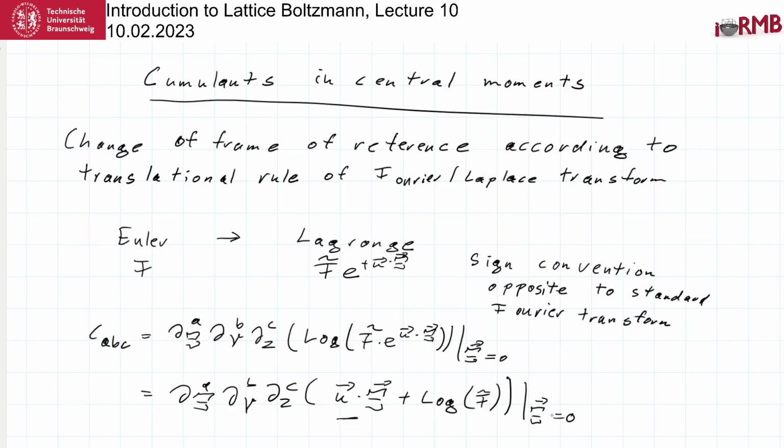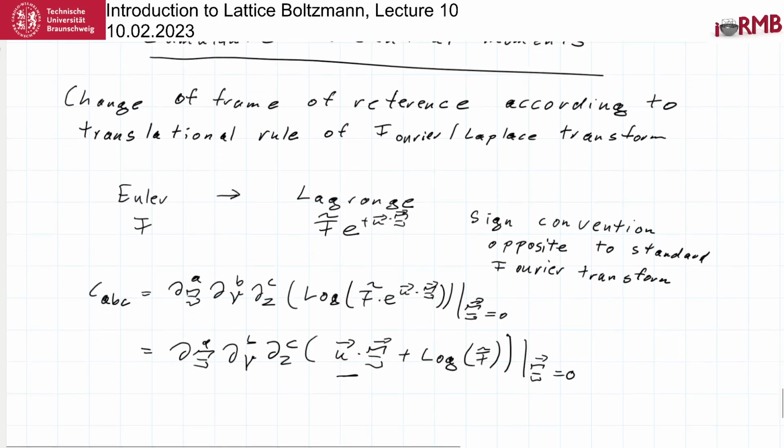So the only thing that will depend on the velocity is the first order cumulant, which absolutely makes sense, because we said that the cumulants are all independent of each other.